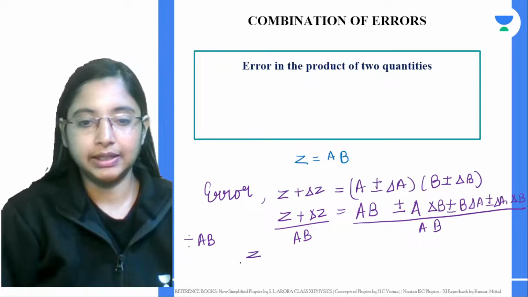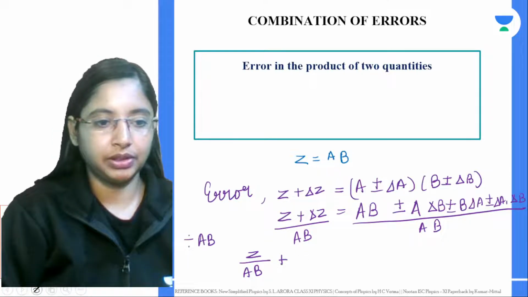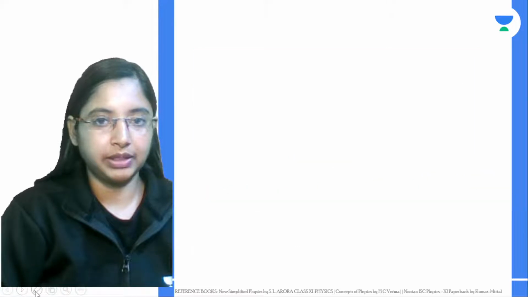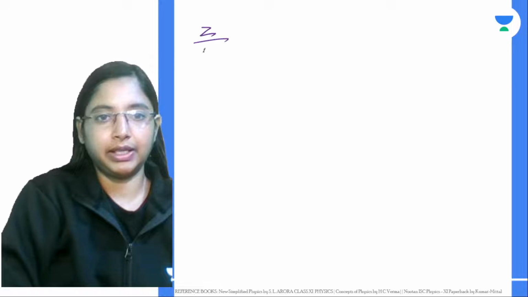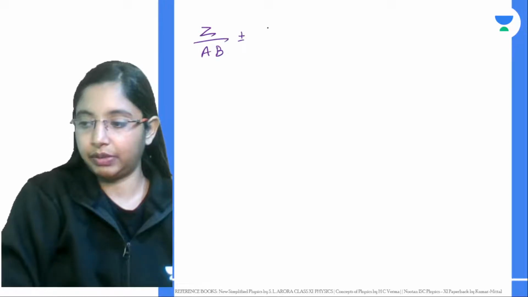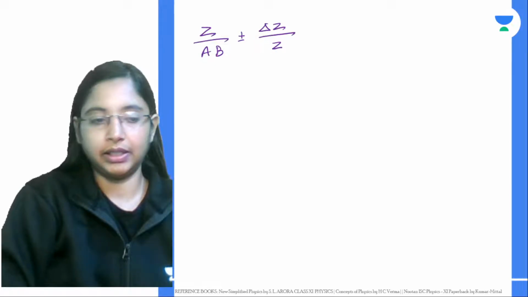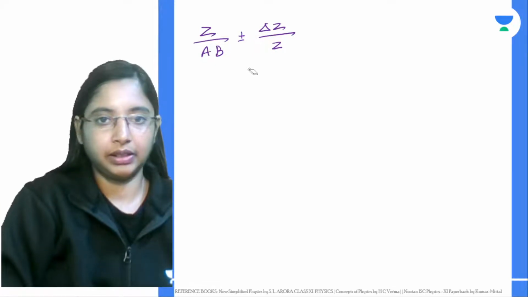If you take Z by AB, let me just do this in the next page, there will be more space in that case. So first I'll have Z by AB plus or minus delta Z by AB.